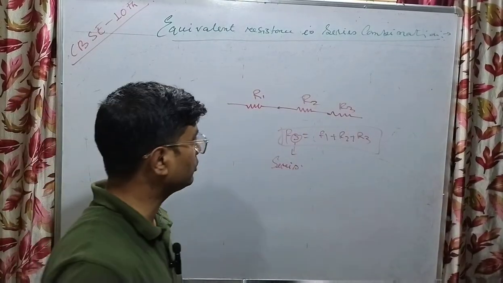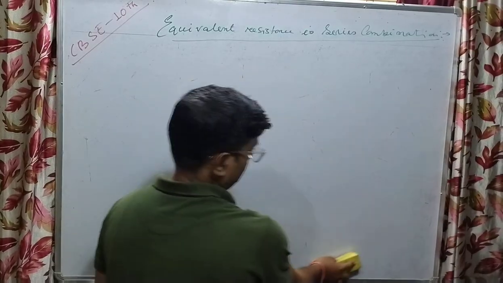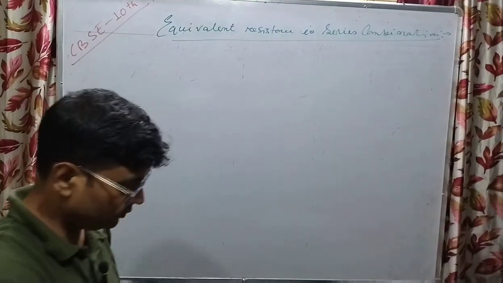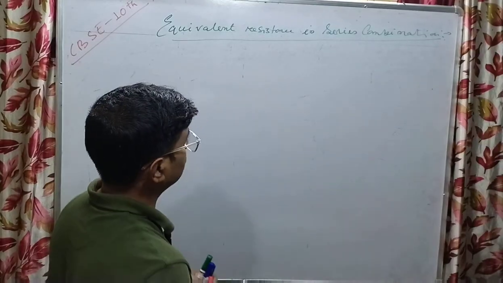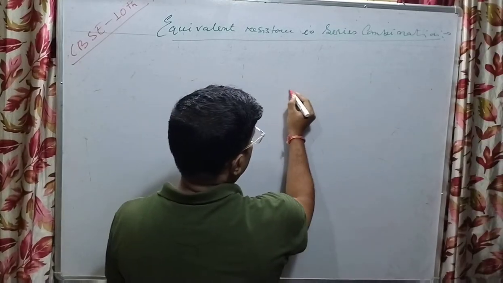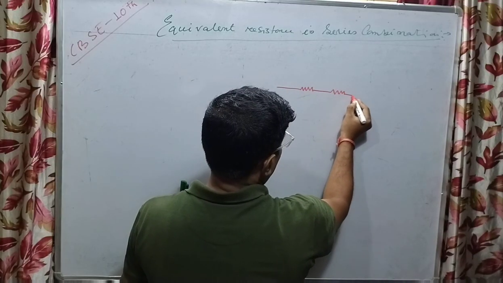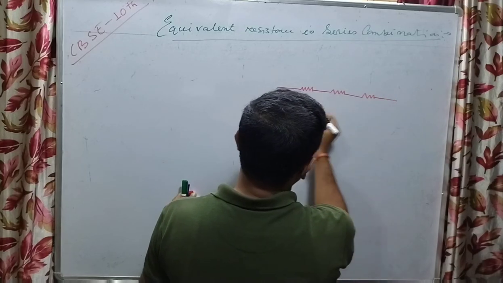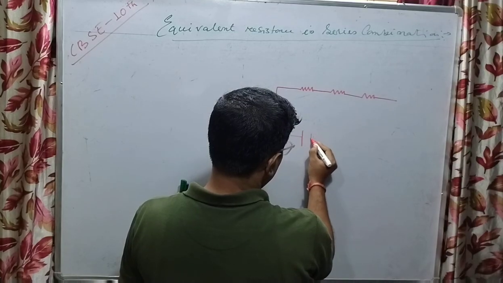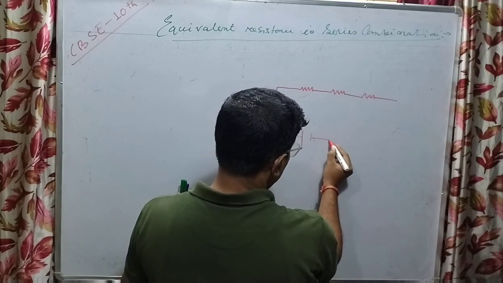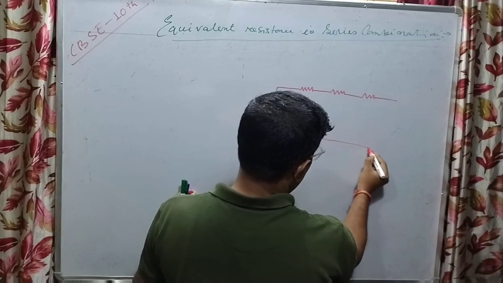Now I am going to find out the expression for this combination. Here I am going to consider three resistors R1, R2 and R3, and the potential difference across these three resistors is V. Clear?